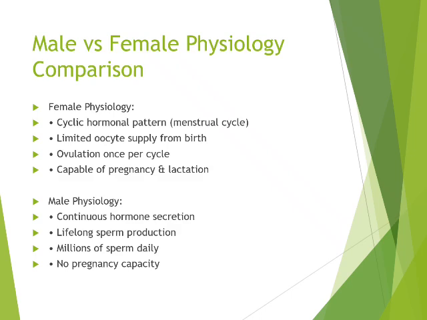Ovulation happens once per cycle, and the female is capable of being pregnant and producing milk for lactation. Male physiology continues throughout life, and this needs continuous hormone secretions. Lifelong sperm production, millions of sperms daily, and millions of sperms with one ejaculation, no pregnancy capacity.